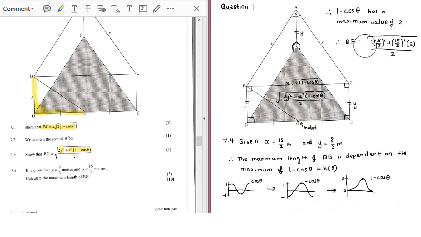Let me just fix my square root. So if you plug all of this into your calculator, you get that the maximum length of BG is equal to 7.96 to 2 decimal places units.